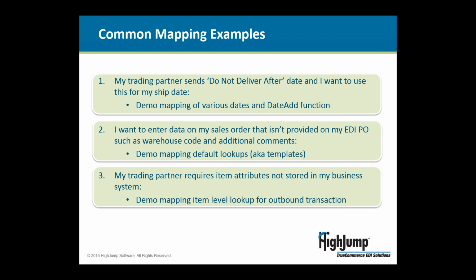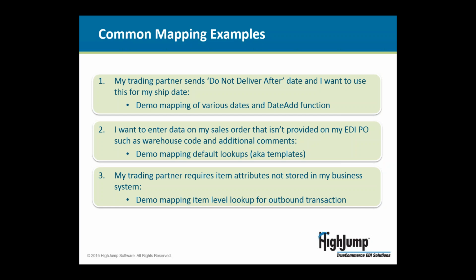Secondly, we'll look at a scenario where you want to enter data in your sales order that doesn't come in on the customer PO. So customers send the PO the way they want to see it, but you need, let's say in this example, an internal warehouse code.